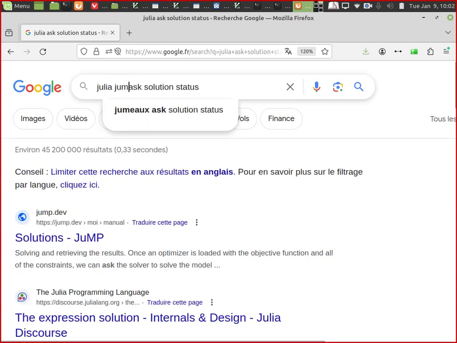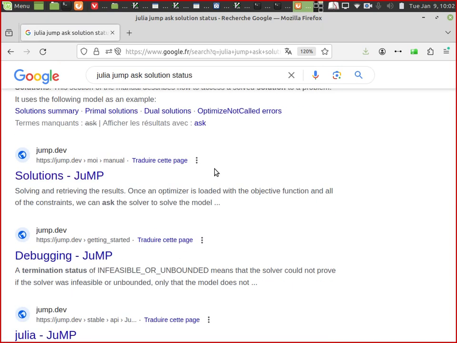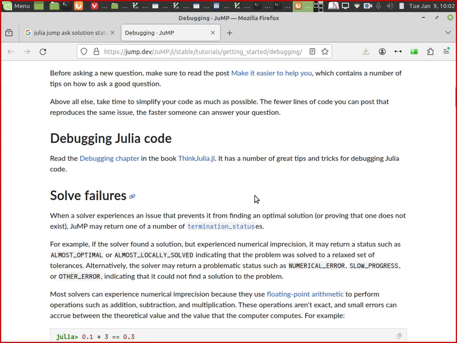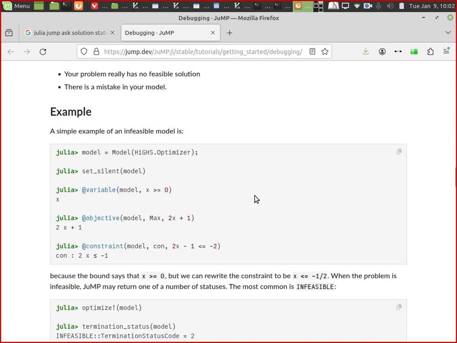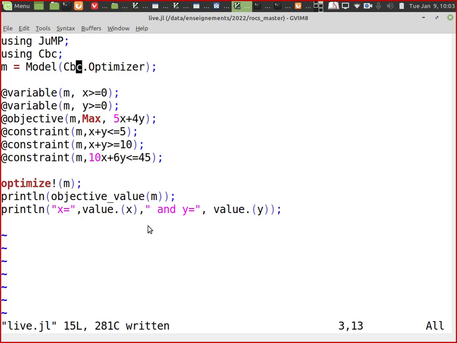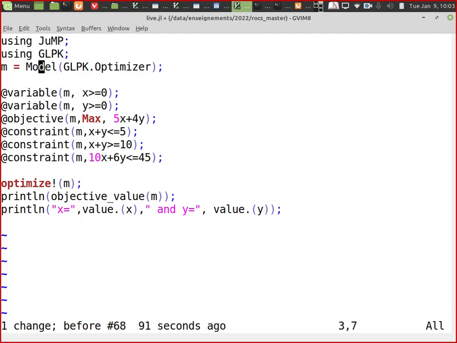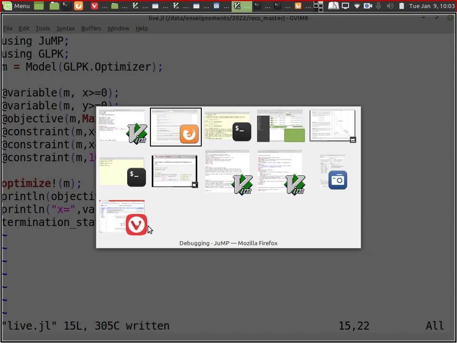Julia JuMP, maybe. Let me try this termination status, for instance. I go back to this code and let me write here termination status M, something like this.